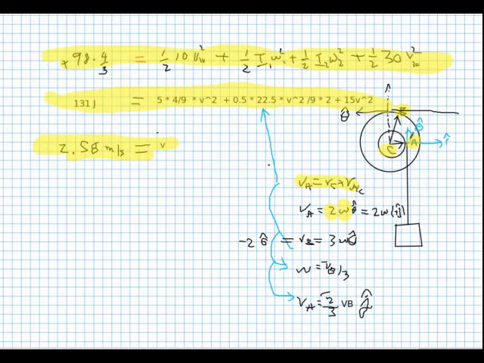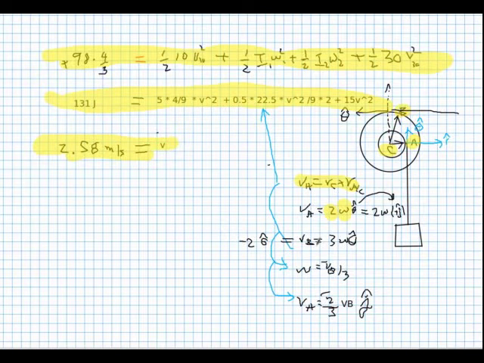Notice that for point A, the theta hat direction is in the positive j hat, so that theta hat becomes plus j hat. So the velocity of point A is 2 omega in the plus j hat direction.